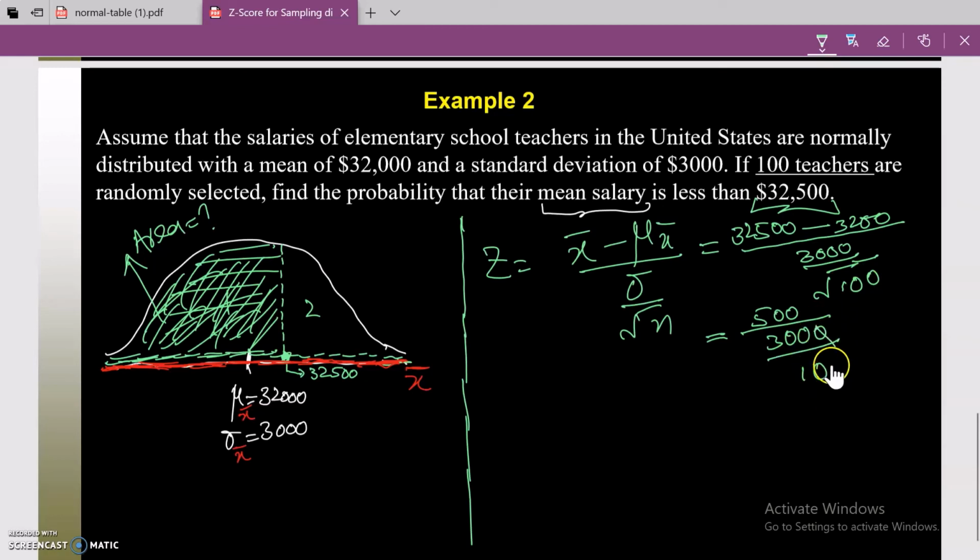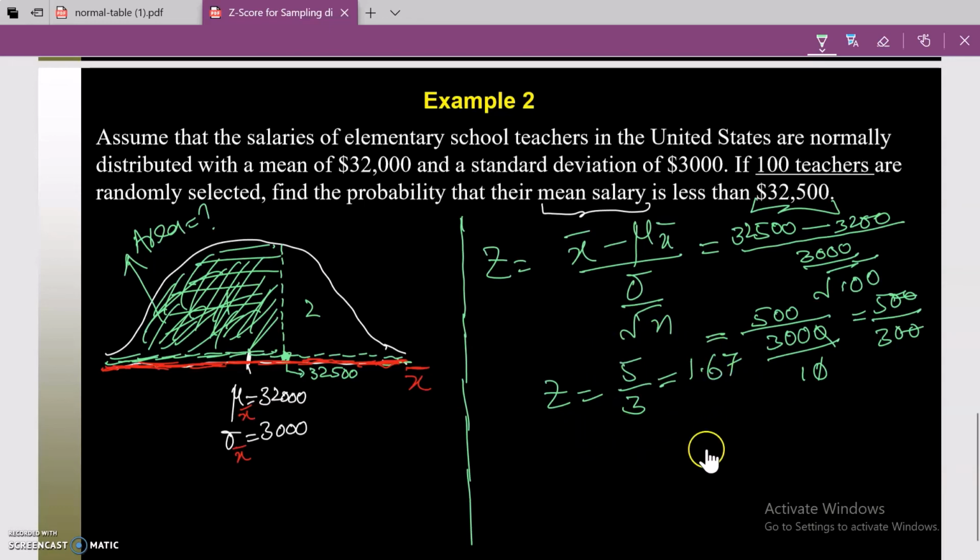So this cancels out, and I'm left with 500 divided by 300. This also cancels out, so the z-score comes out to be 5 divided by 3, and that is equal to 1.67. That's the z-score we have calculated.